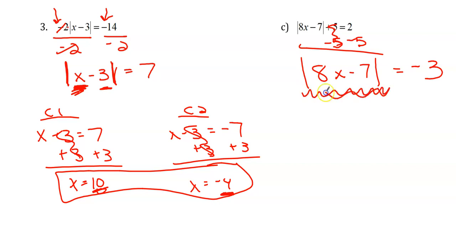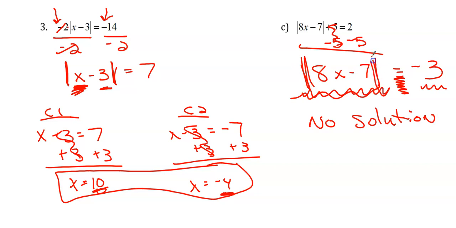And an absolute value will never be negative. Done. No solution. So again, these negatives, once you get an absolute value equaling a negative for an equation, no solution.